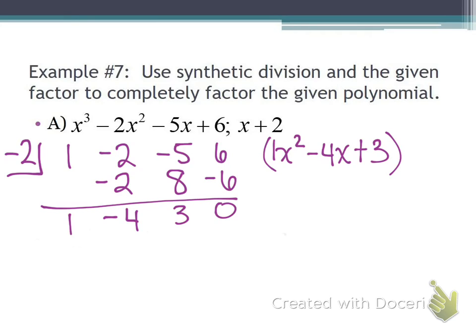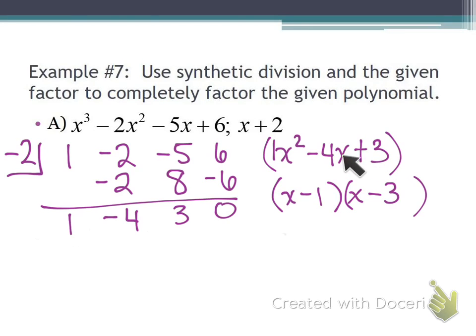Okay, so this new polynomial that we just found can be factored. How cool is that? We can factor this into 2 binomials, just like we did last semester, last week, a couple days ago. What's going in the front of both of my binomials? X and X. Both signs have to be the same, and they are both going to be minus. 1 and 3.